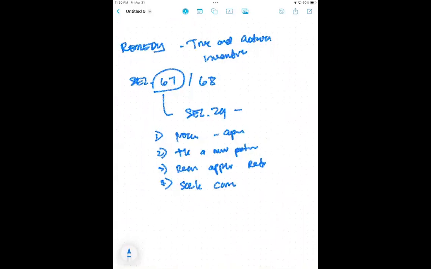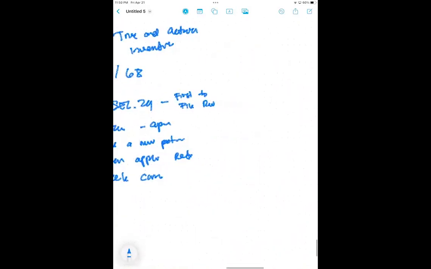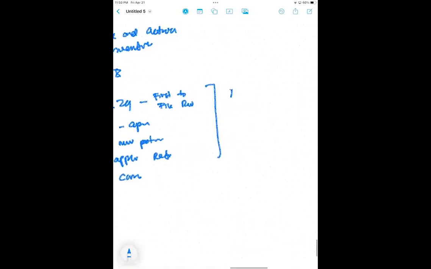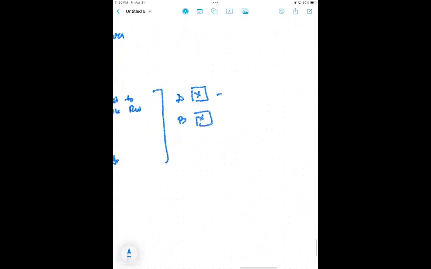Now, sino ba itong section 29 na to? Who is this person referred to in section 29? Di ba ito yung first to file rule? So, supposing that ganito yung nangyari. A invented X, B separate from A invented X. A filed this application April 24, 2023.